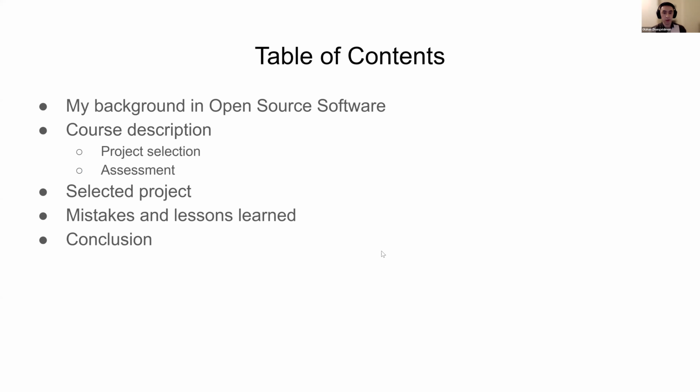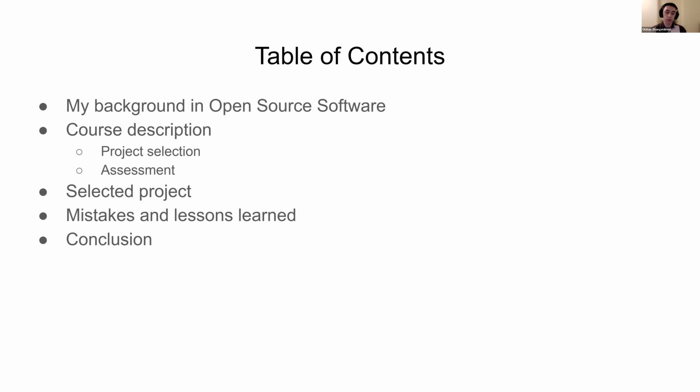So shortly, the outline of my presentation. Firstly, I will talk about the background in open source software that I had before taking this course. Then I will talk about the course itself, how it was outlined, the stages of the project, like the actual project selection, and the assessment methods that were used to grade the students' performance. Then I will talk about the project I selected for this course.